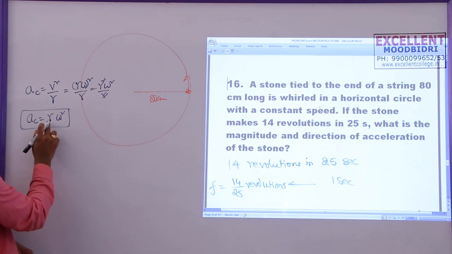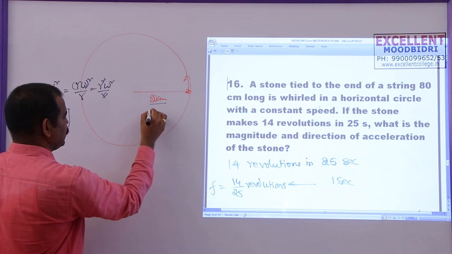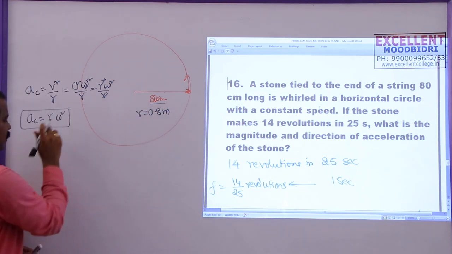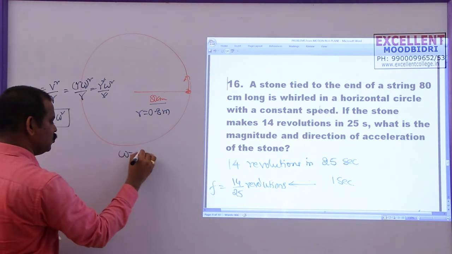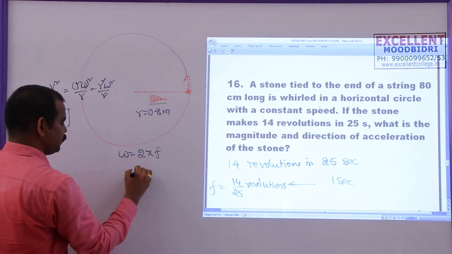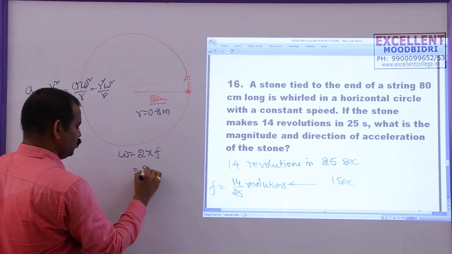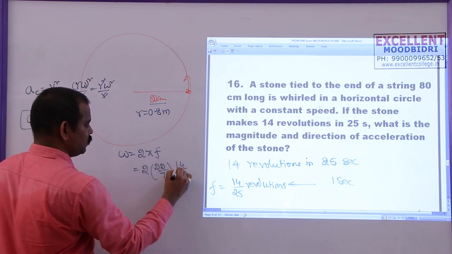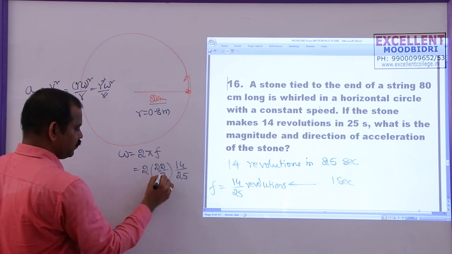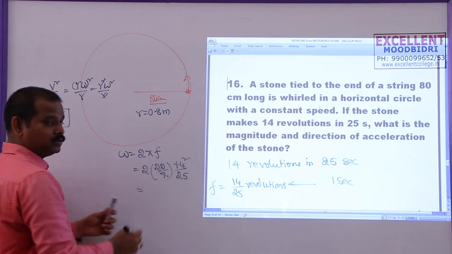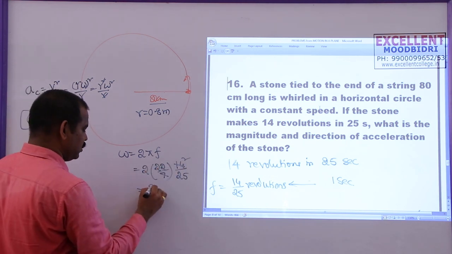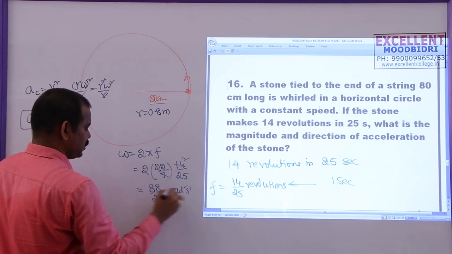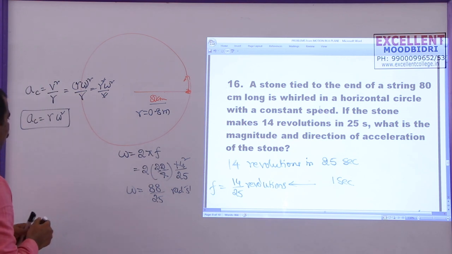To find the centripetal acceleration, we need R, which is given as 80 centimeters, so R is 0.8 meters. Now what is omega? Omega is equal to 2 pi F. Now pi value is 22 by 7, F is equal to 14 by 25, 7 ones are 7 and 7 twos are 14. So this 22 into 4, this is 88 by 25 radians per second, which is the angular speed.